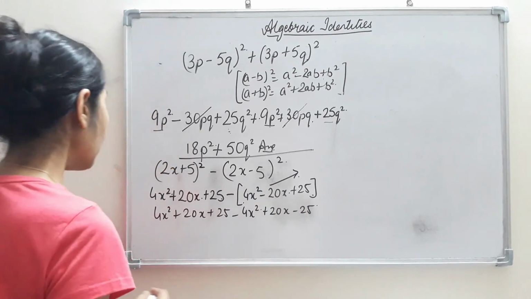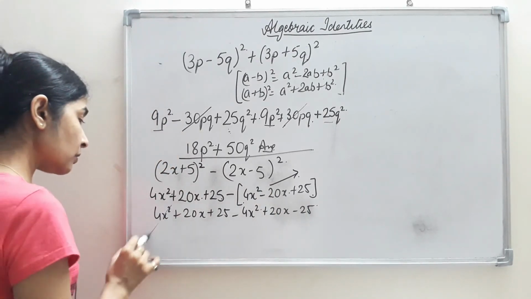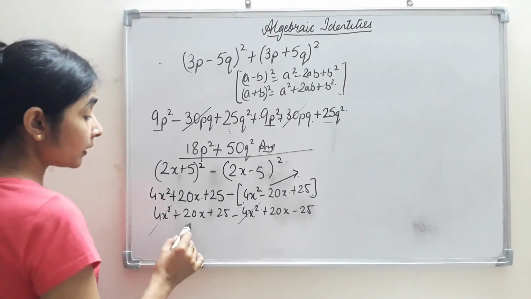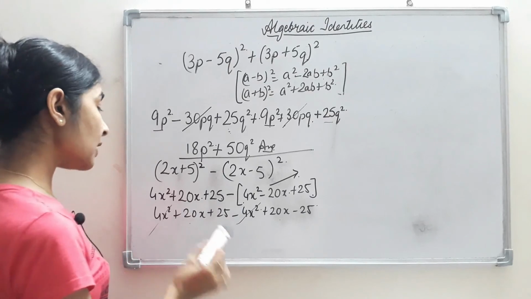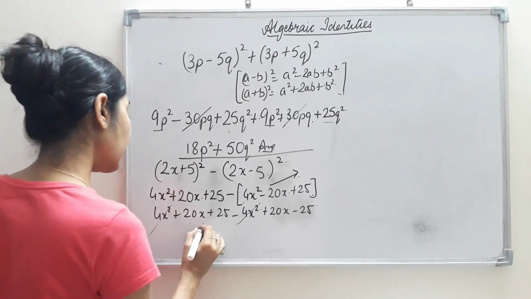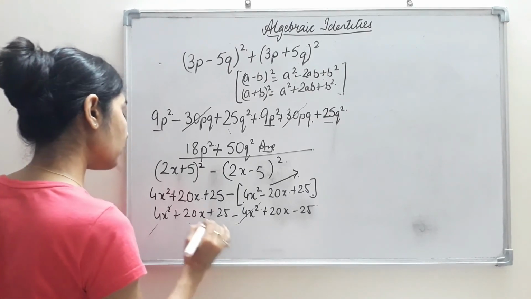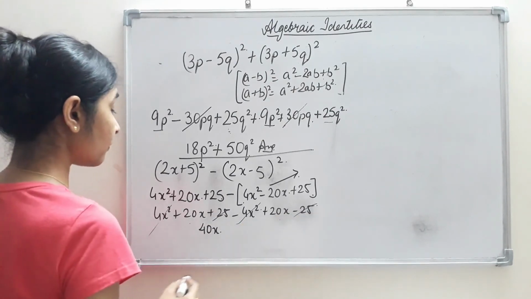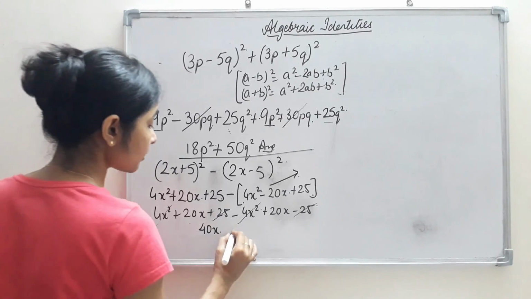Now, are there any like terms? Yes, the 4x squares are like terms, but both are of opposite signs, so they cancel. 20x and 20x are of the same sign, so they get added, and we get positive 40x. Now 25 and 25, one positive and one negative, get cancelled, so our final answer is 40x.